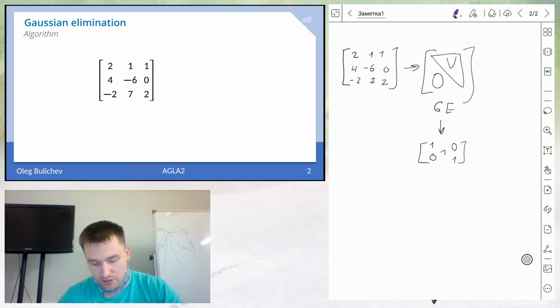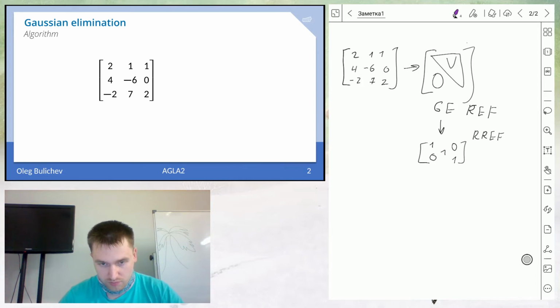Also we can say Gauss elimination is an algorithm for REF, row echelon form, and Gauss-Jordan is for RREF, reduced row echelon form. Now we are going to the algorithm. So far so good? At least I'd like to understand that. Can you hear me? We can. Yes. Okay, nice.